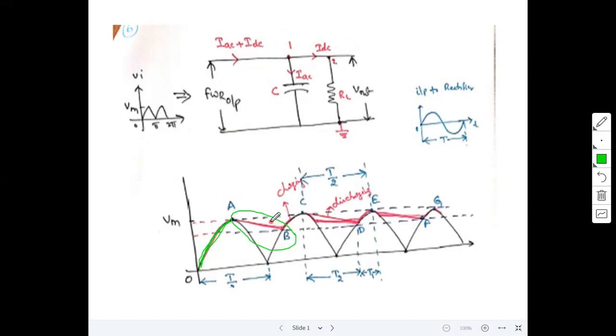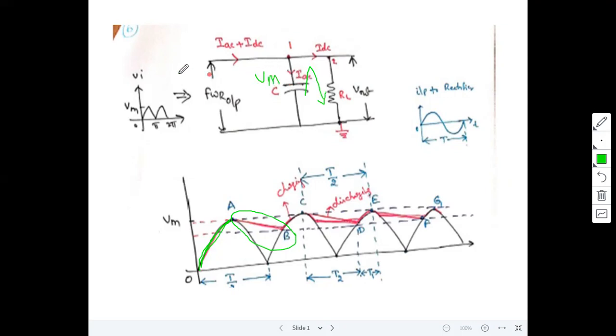Now the capacitor tries to discharge. Why? Because the capacitor voltage is greater than the rectifier output voltage. Now the capacitor discharges. Here the voltage is Vm.